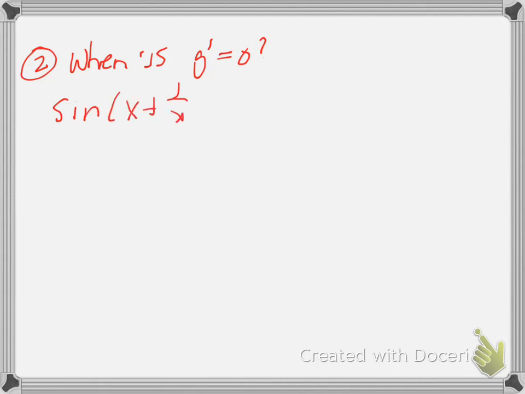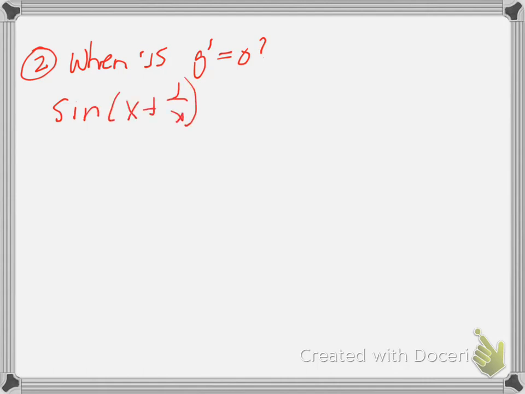For part A, we need to know, when does G have a horizontal tangent line? So when is the slope equal to 0? We want to know, when is G prime equal to 0? They gave us G prime, and G prime is sine of x plus 1 over x.